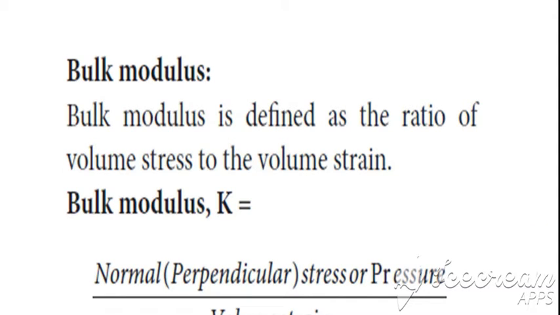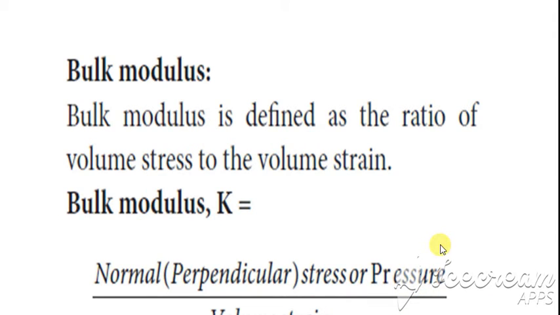Then next we have the bulk modulus. Bulk modulus is defined as the ratio of volume stress to volume strain. Here the volume stress is written as normal stress, so normal stress divided by volume strain gives you the bulk modulus.